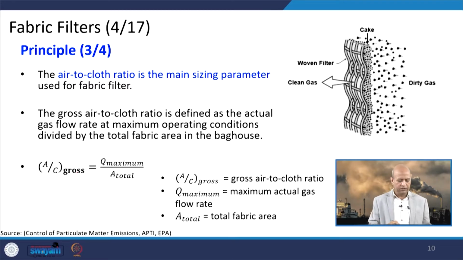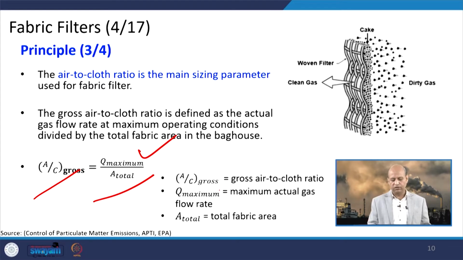This is a ratio defined as the actual gas flow rate at the maximum operating conditions divided by the total fabric area in the bag house. So, that is the air to cloth ratio, which is Q maximum divided by A total.